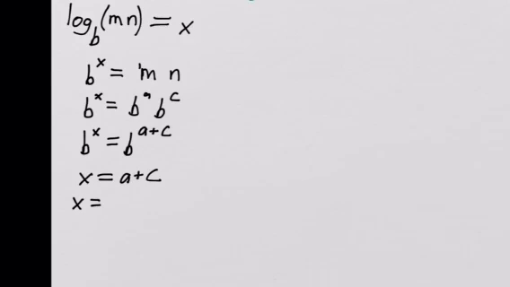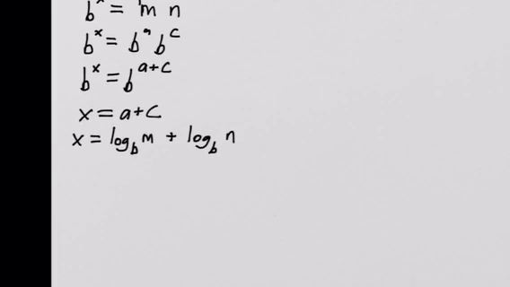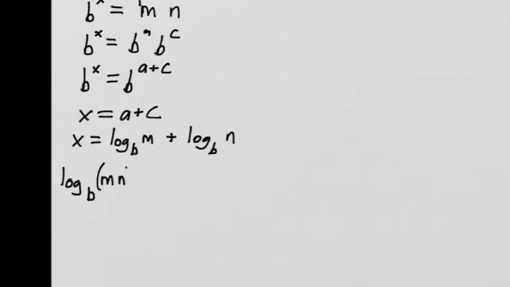But remember, a is log base b of M, and c is log base b of N. And now putting everything together, because x is equal to the log of MN, we get log base b of MN is equal to log base b of M plus log base b of N.